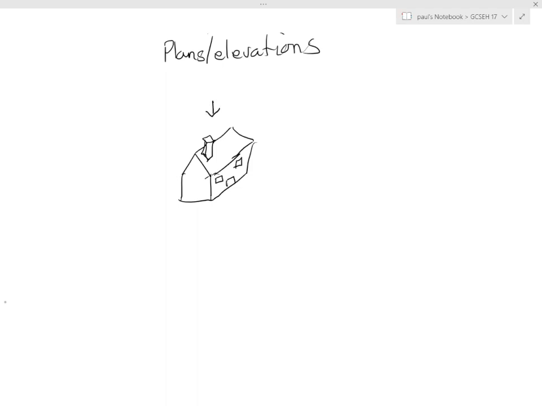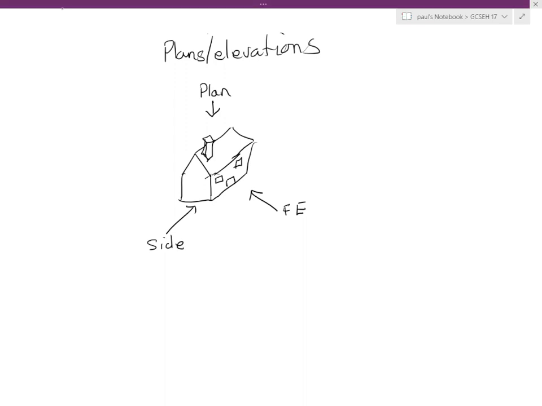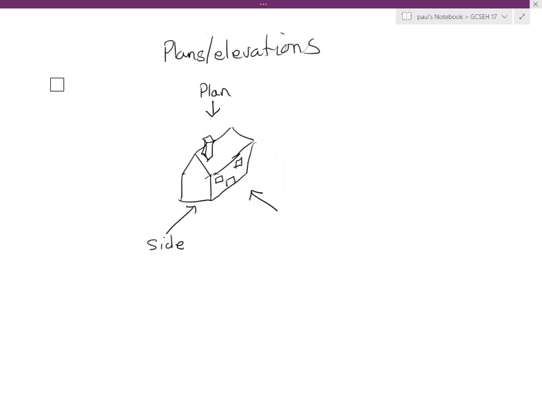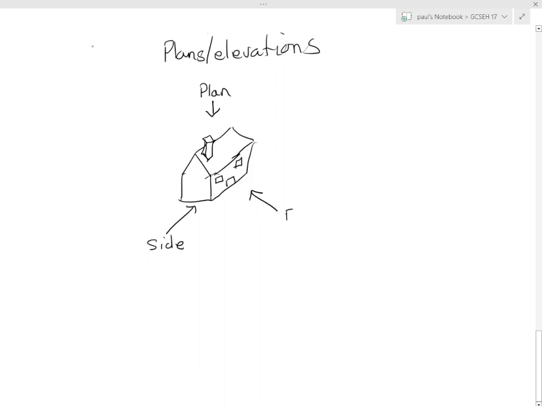The plan is always looking down. This, because it's the front of the house, I'll call it the front elevation. This is the side elevation. Let's just write the word front there, because that's not very good, is it? And this is the front.